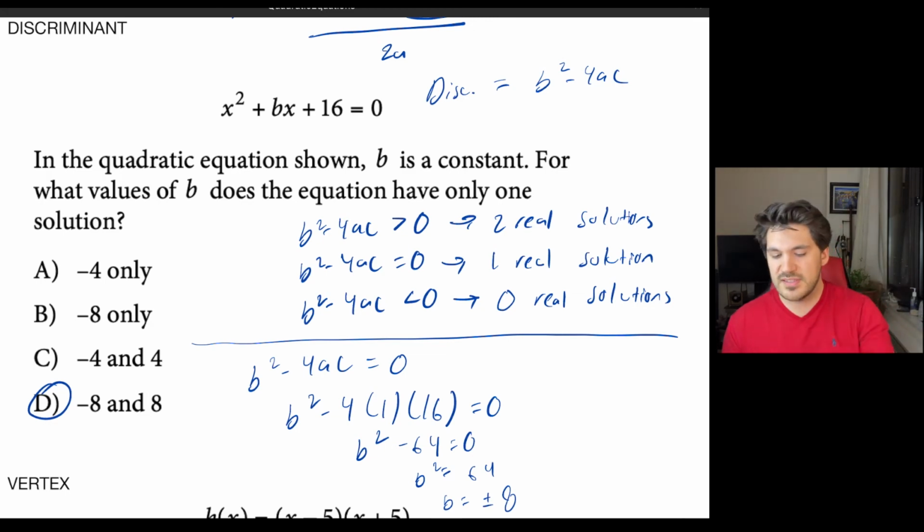So you just have to establish whether they're looking for one solution, two solutions, or zero solutions, and then use the appropriate discriminant rule. That's it.